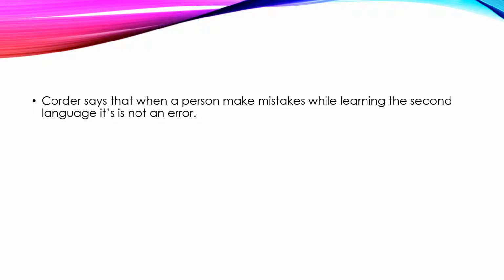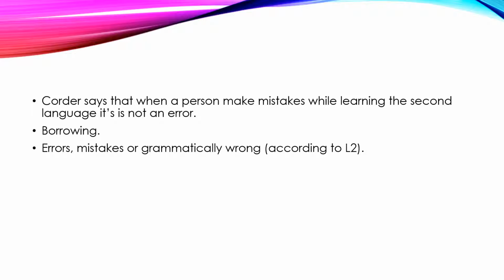From this point of view, errors are not seen as indicators of failure to learn the target language, but are regarded positively as evidence that the learner is actually involved in testing hypotheses about the linguistic system of the language that is being acquired. Corder also proposed the term borrowing, which is when the learner uses elements of a known language, usually L1, to compensate and get over linguistic deficiencies when he or she communicates in L2.